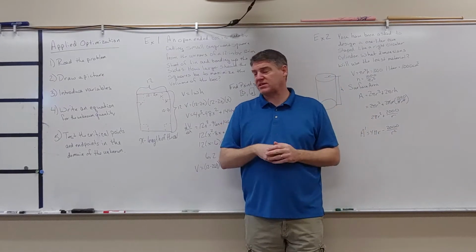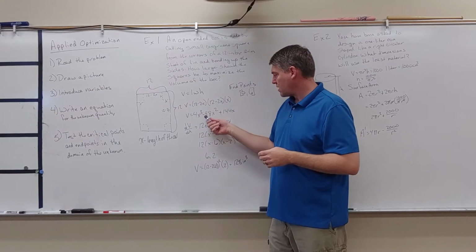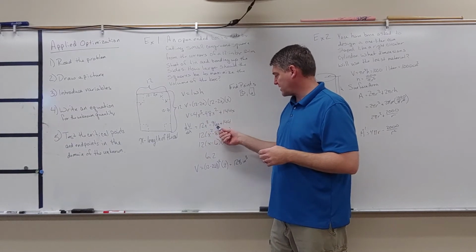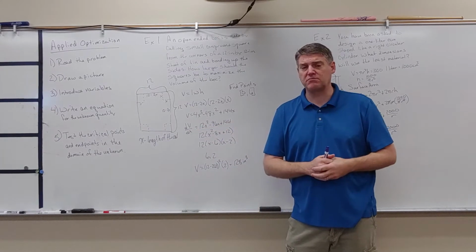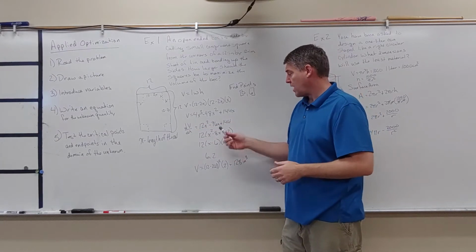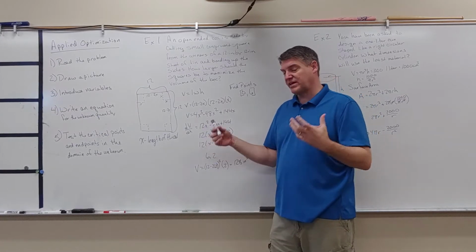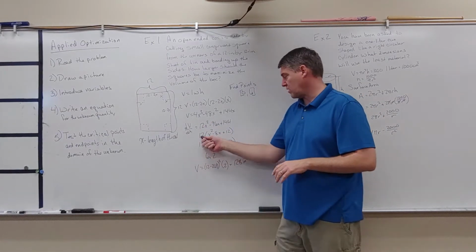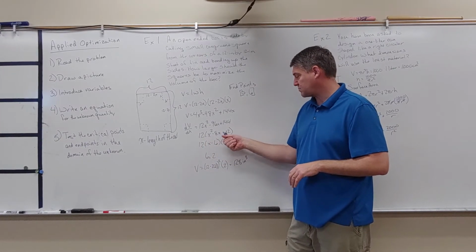Now I'm going to take my derivative. The derivative is 12x squared minus 96x plus 144. I'm just using primarily the power rule. I'm going to factor out a 12 to get this in an easier format. So I get 12 times the quantity x squared minus 8x plus 12.